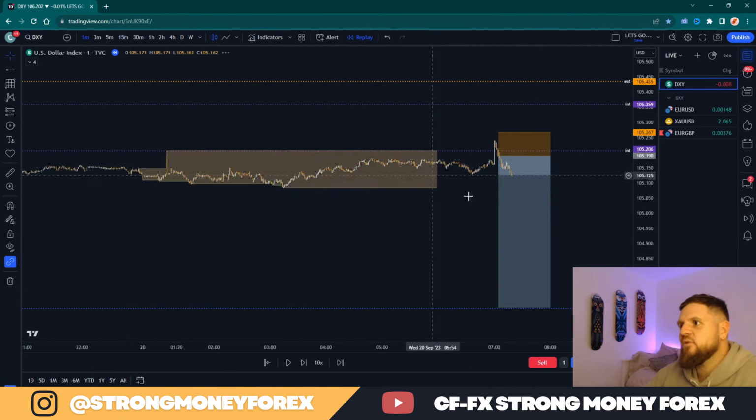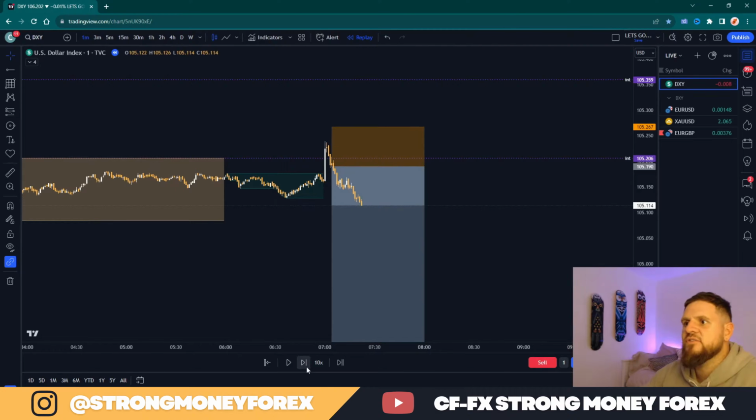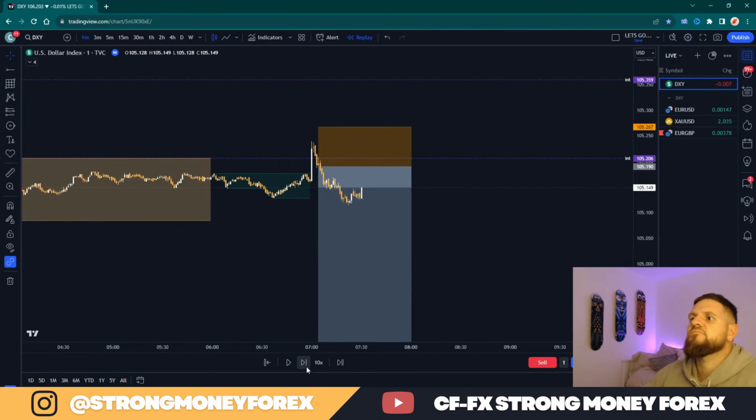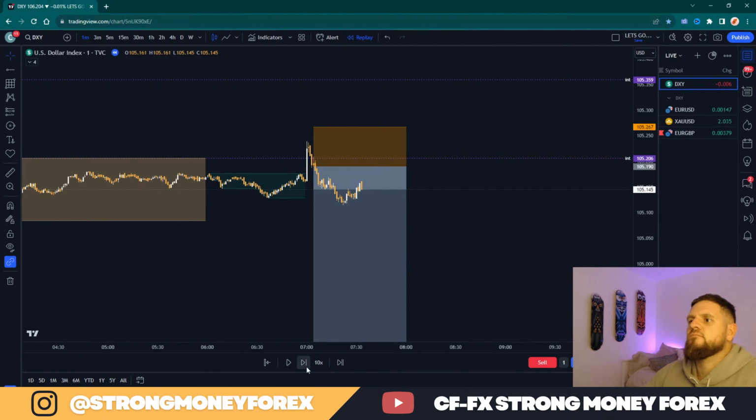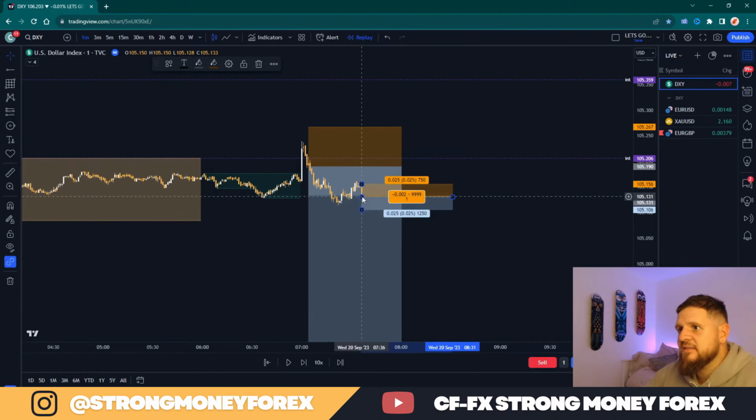Let's see if we get our manipulation setup. What I'm looking for now is some sort of manipulation. Let's see if we get one. Yeah, I'm pretty happy. I want an engulfing now. Okay, cool. So I would take that trade like this. We'll stop above that high to the left.